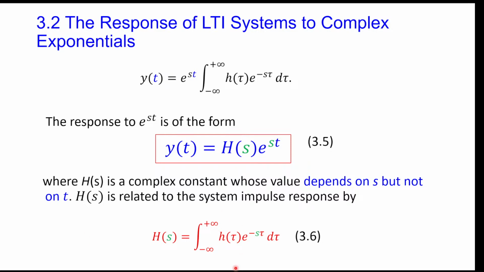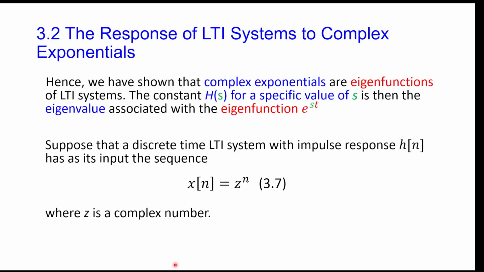You can think about this as a quite straightforward integration. You have any function small h of t and any complex value s, and then you can do this integration and find out what the big H of s is.